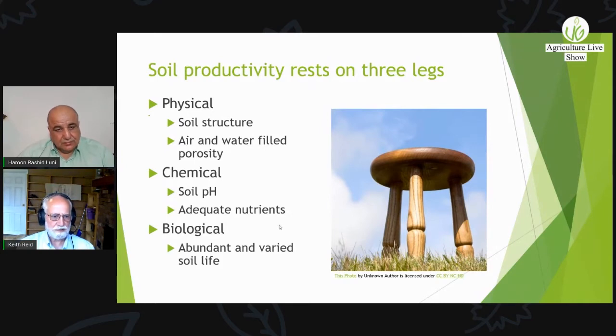The second leg is the chemical, soil pH, whether it's acidic or alkaline, and then adequate nutrients, enough nitrogen, phosphorus, potassium, and all the other nutrients. And then the biological leg is just that you have abundant and varied soil life that help with nutrient cycling, and particularly with the nitrogen availability from the soil.